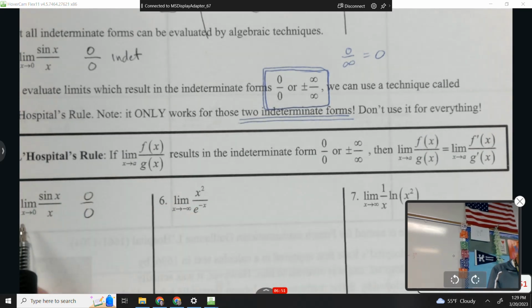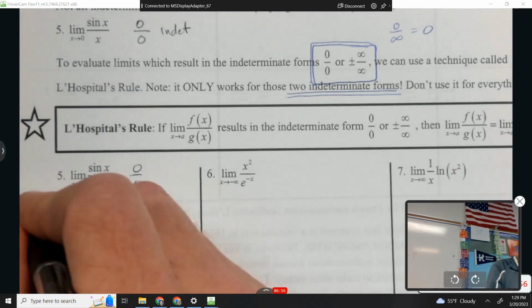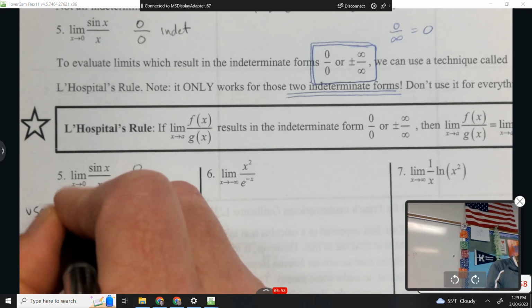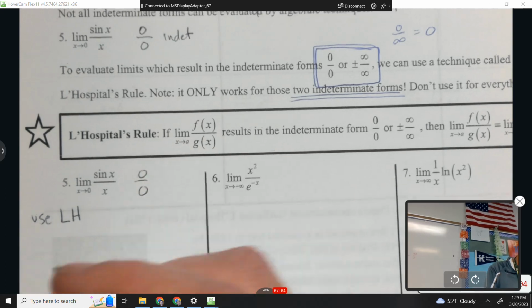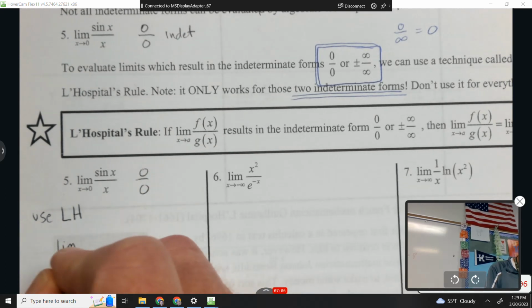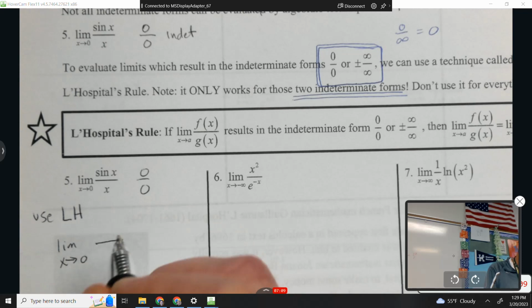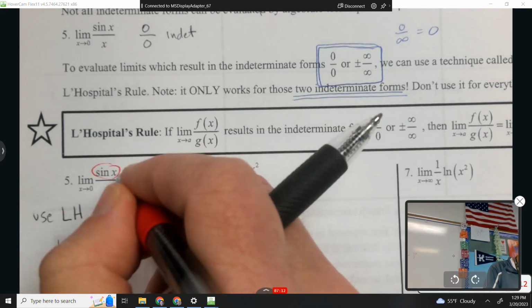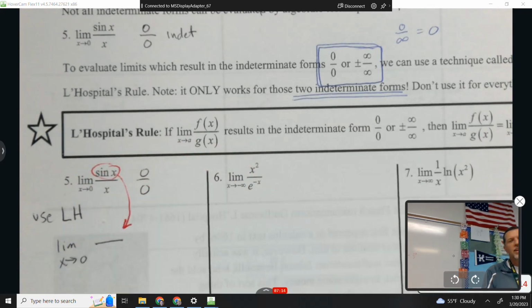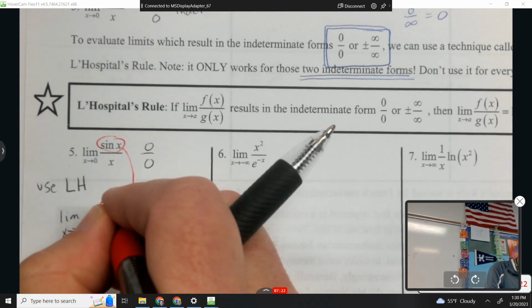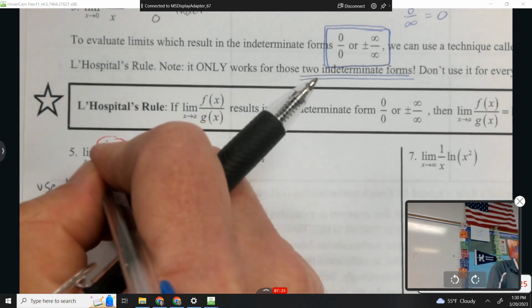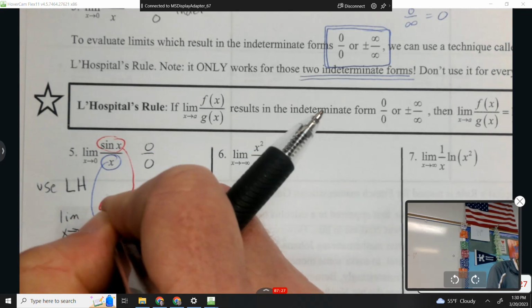So number 5. Plug in 0, you get 0 over 0. That doesn't work. So let's use L'Hopital's rule. I'm going to abbreviate that LH. The derivative of sine is cosine, and the derivative of x is 1.